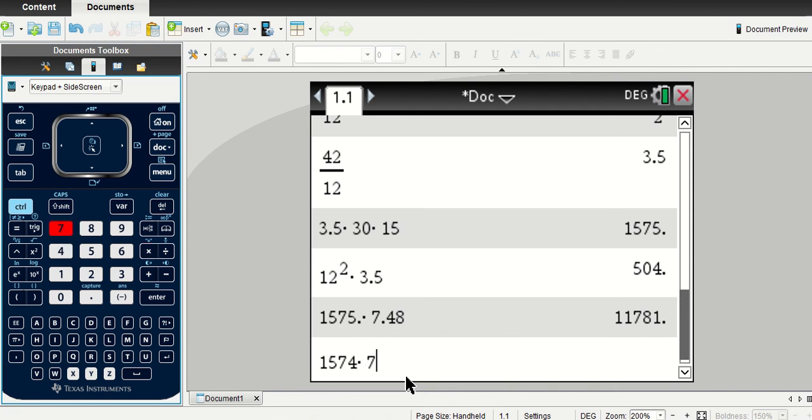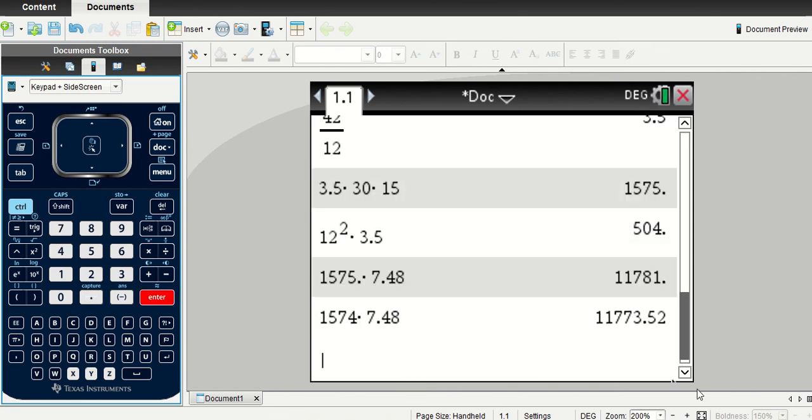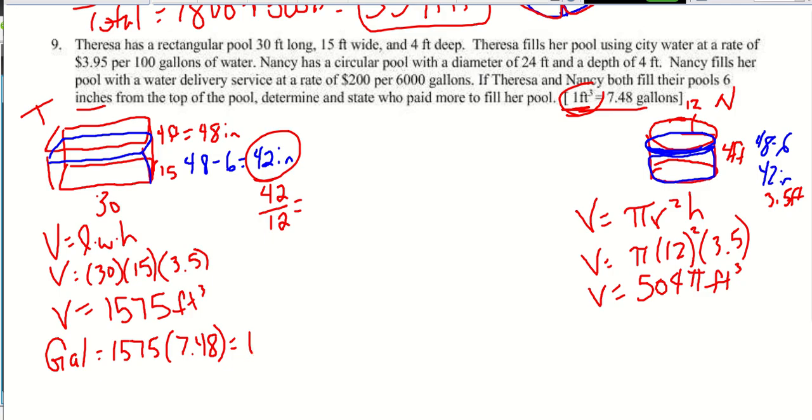Just double checking real quick. There we go. So 11,773.52. 11,773.52 is the amount of gallons.